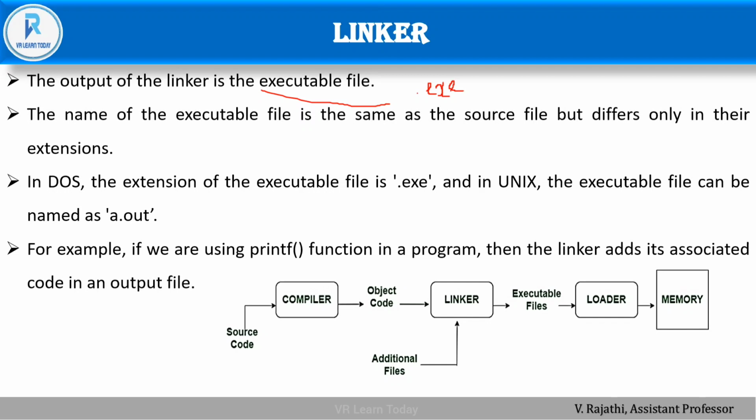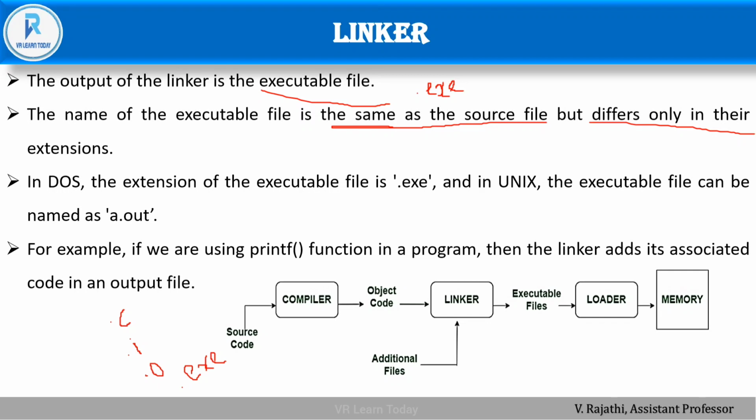For example, sample.c will change to sample.i, the expanded code, and after that sample.o, the object file, and then sample.exe, the executable file. So only the extension will change, the file name will not. That's the meaning of: the name of the executable file is the same as the source file but differs only in the extension.